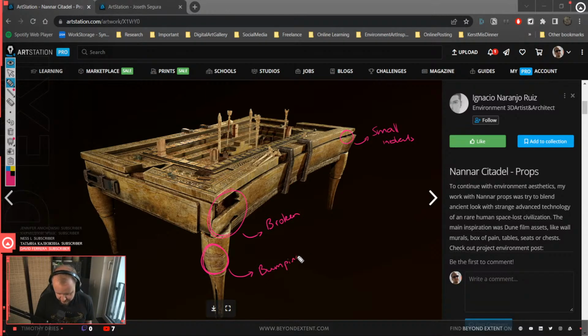So bumping in. Just gonna call it a table. And all of this stuff makes it more relatable and more real to us, because it gives it a lived-in feel, you know? Unless you're doing a brand new, cleanly manufactured piece, you should be thinking about this.